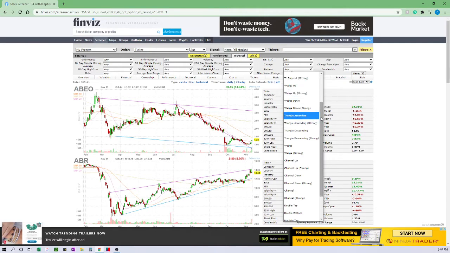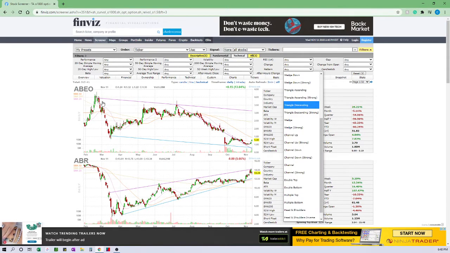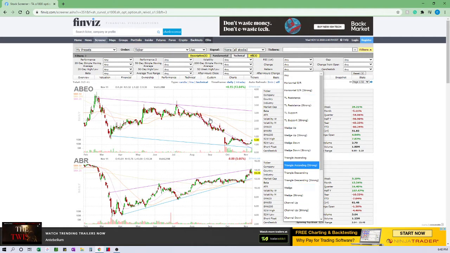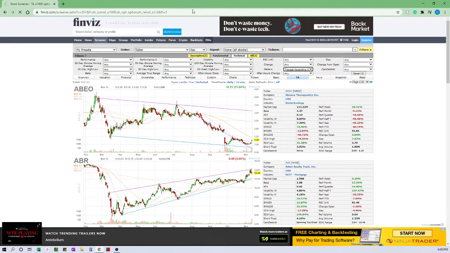Two, if you want to make sure something is a pattern you are looking at, you can really only get the daily here. If I click intraday, it will say I need an account. A couple ones that I really like are triangle, ascending strong, so let's just click that one.